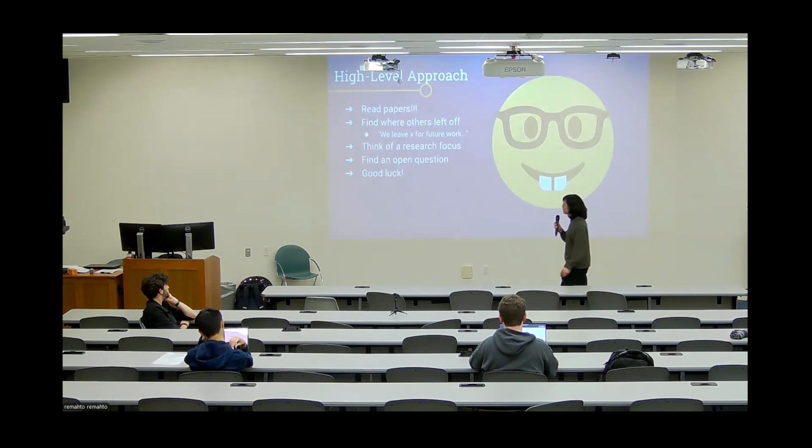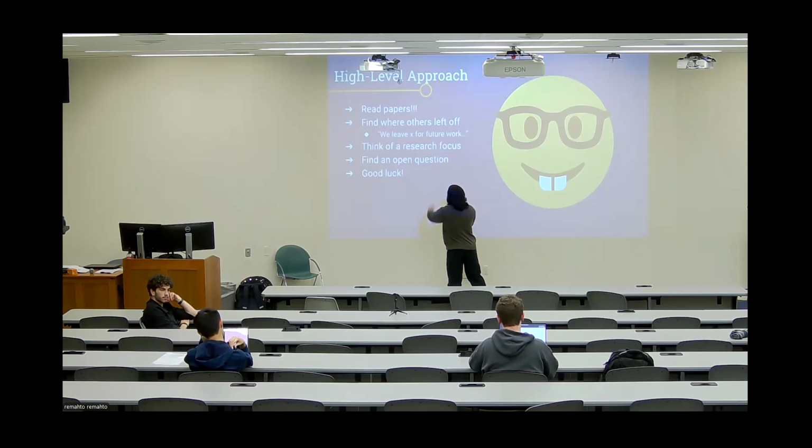So, this is a very, very high level approach to doing research. To start out with, you've got to read papers and find where other people left off. So often you'll see the phrase, we leave X for future work, or some variation of that, if a paper or its authors didn't really accomplish what they were exactly trying to find out.